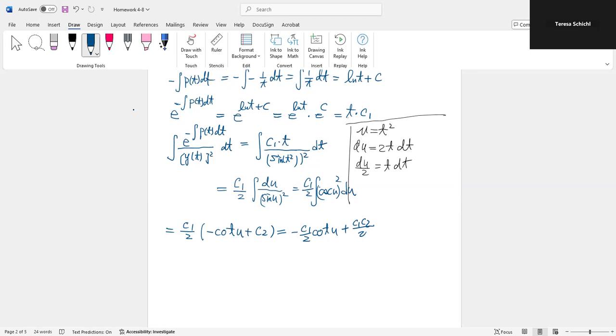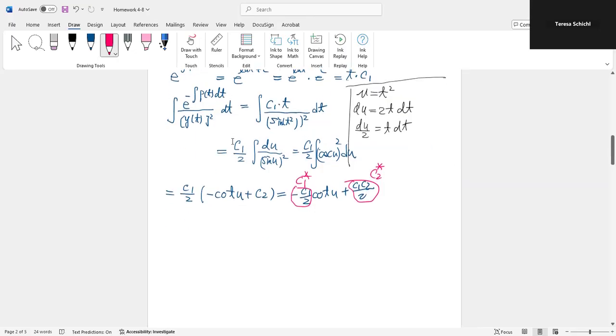I can just call this constant c1 star, and this other one I call c2 star. It's just another constant, so it doesn't matter.